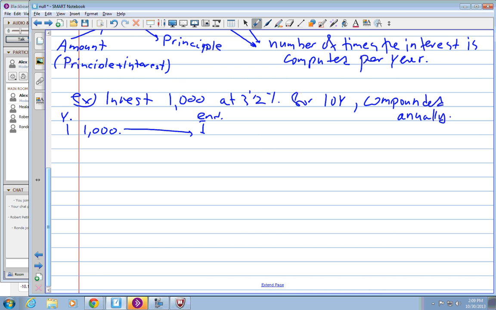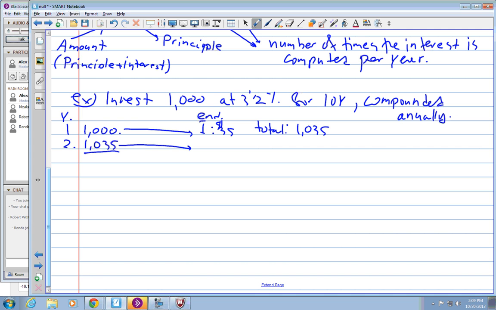They do it using the simple formula, just simple interest. At the end of the year, it's just $35 because it's 3.5%. So the total that you have is $1,035. So the second year, you're going to start with $1,035. And then at the end of the year, they'll compute 3.5% of that amount.